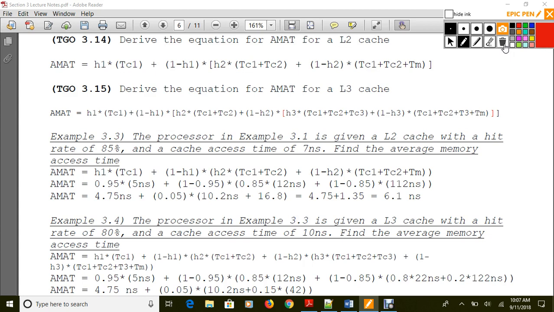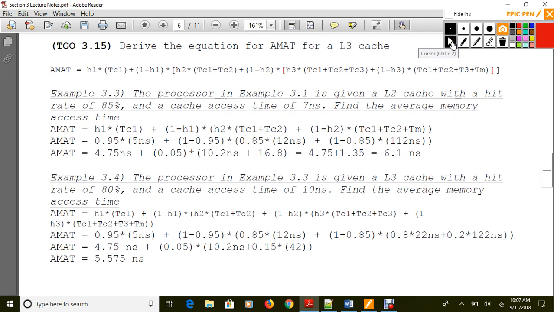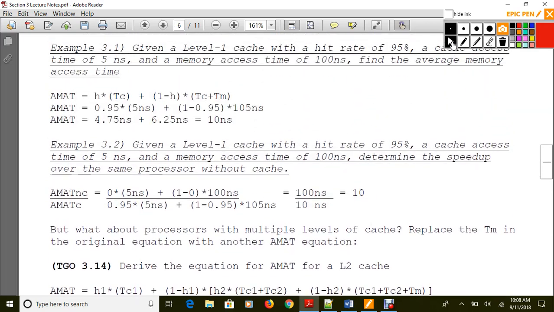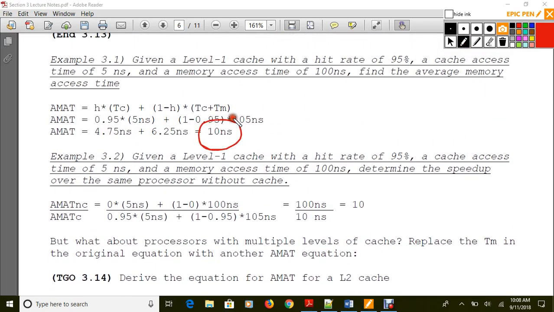So example questions 3.3 and 3.4 kind of show what's going on here. Before we do that, I want to remind you that the level 1 was 10 nanoseconds, right?